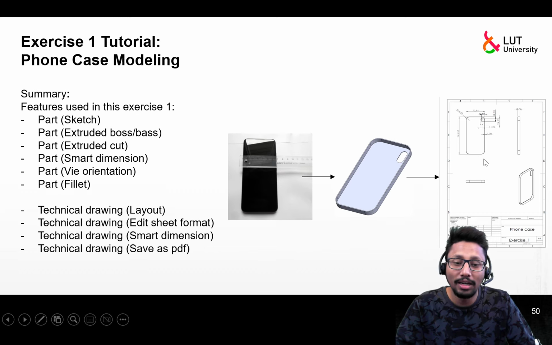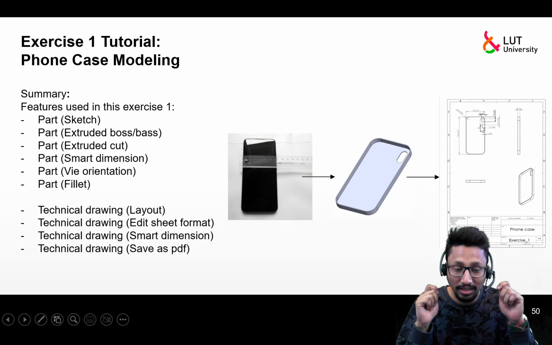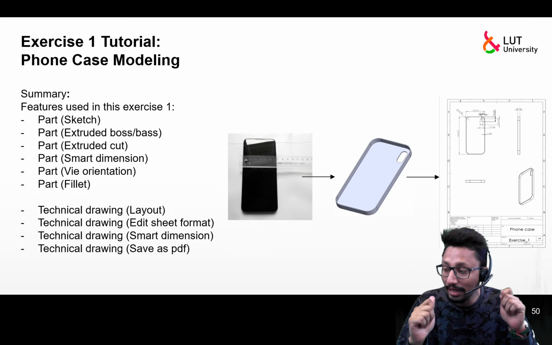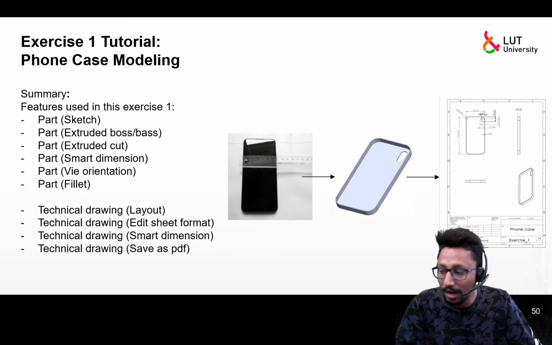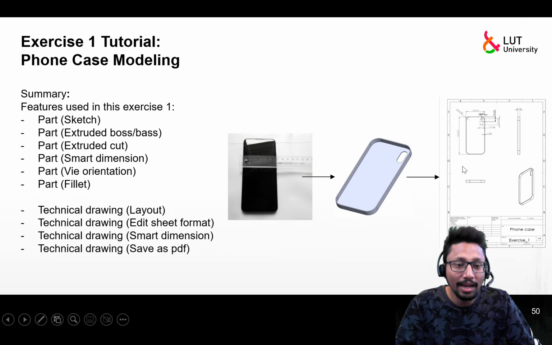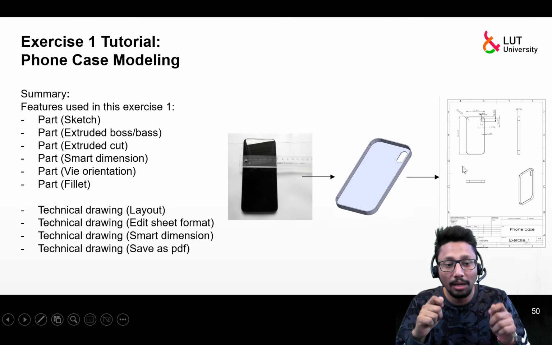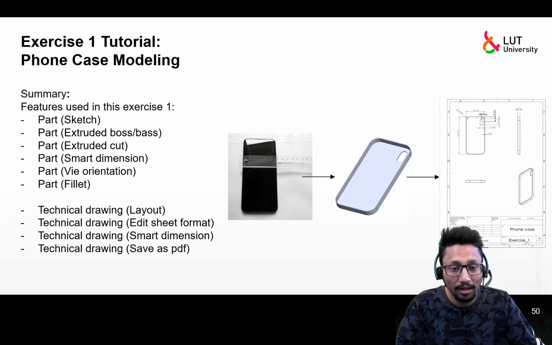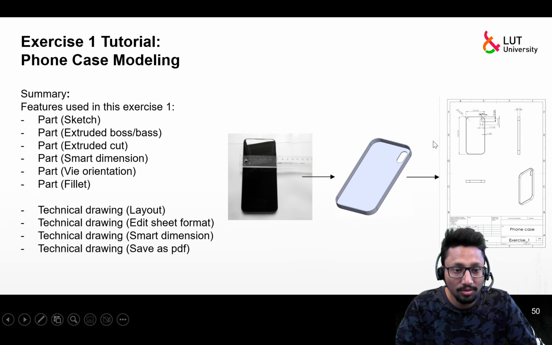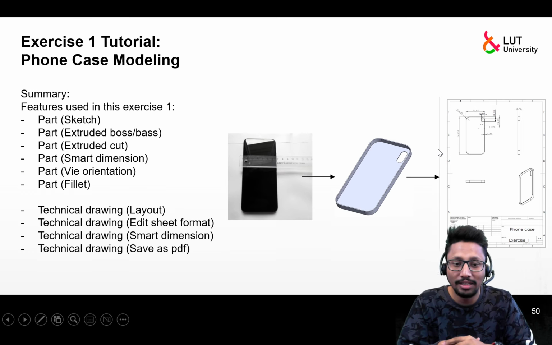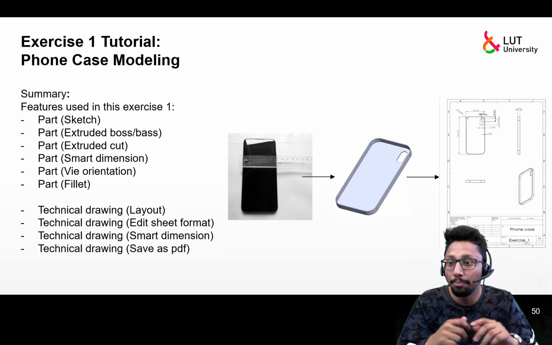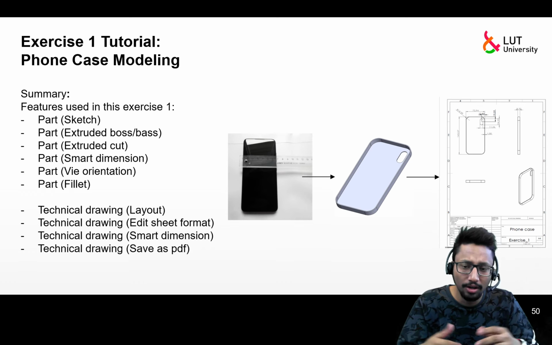Also, we used smart dimension over here to provide the dimensions of different views, and in such a way that it's completely defined. So if anyone wants to see this CAD model and wants to follow it, he or she should be able to completely replicate your model using these dimensions. Okay, and then we also saw how we can save it in the first place as a PDF document or other related documents.